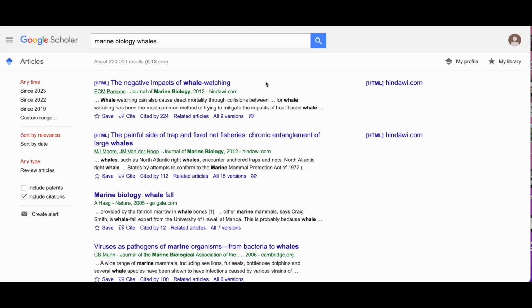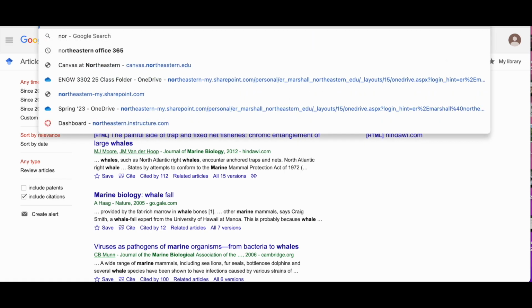The more specific you can get about how you are phrasing your query, the fewer results you're going to get back, and that's actually better. Because if you're getting 220,000 results and there's a dozen good sources in there, that's a needle in a haystack. But if you're getting 25 and there's a dozen good sources in there, then you've got a pretty good research base for any project that you might want to execute.